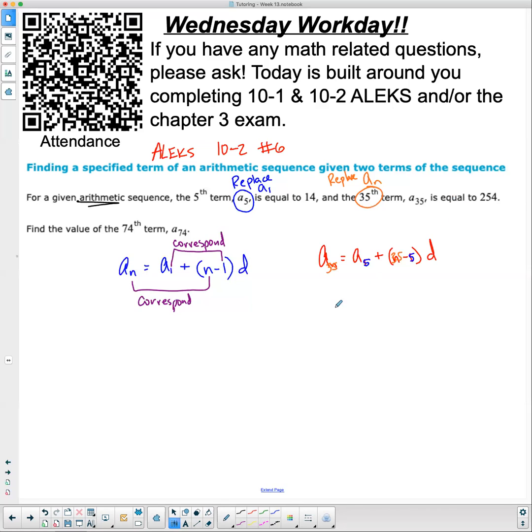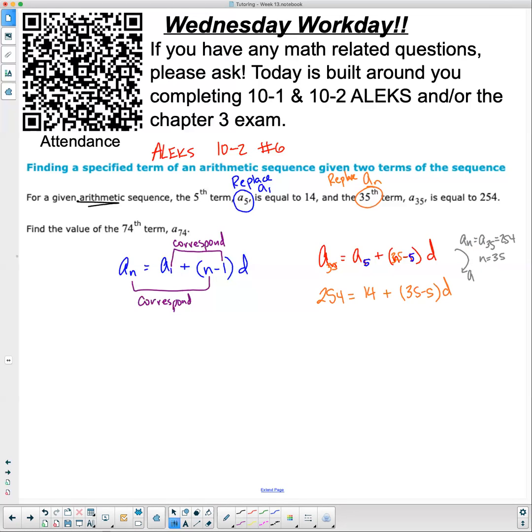And so when I substitute those in, I'll have 254 equals A5, which is 14, plus 35 minus 5 times the common difference. If you didn't catch what I substituted right there, I made A n equal A35, which is 254, which means n also was 35.